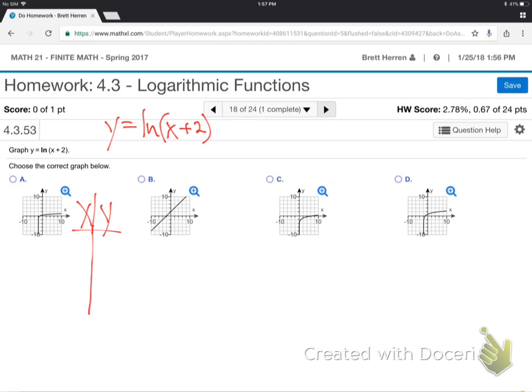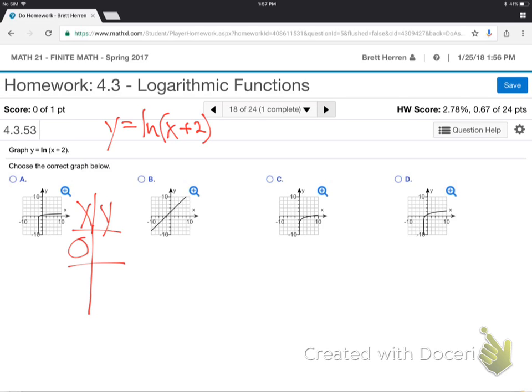What I'm going to suggest will be the easiest way: let's just plug in a couple points, put some dots on the graph, and just kind of connect the dots. So when I'm making tables, I'll just start with 0.